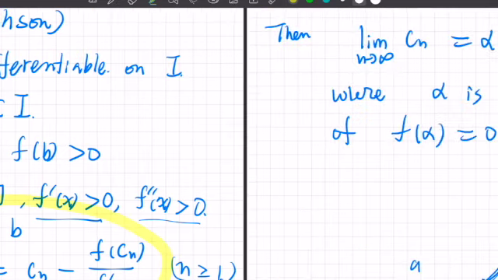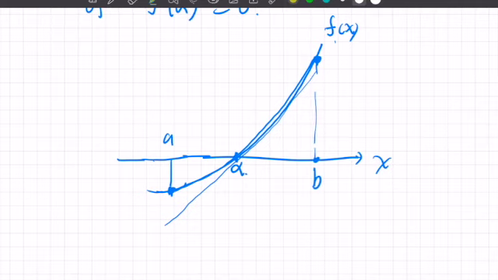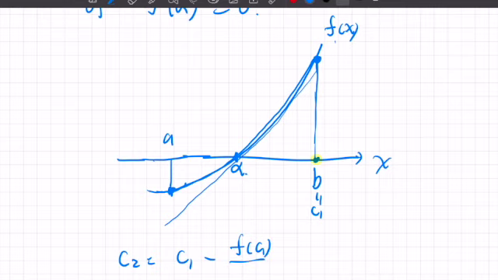So if we define this sequence in this way, C1 is equal to B, and then C2 is defined as C1 minus f of C1 over f prime of C1. So C2 is defined based on the value of this, and then somehow this sequence converges to alpha.